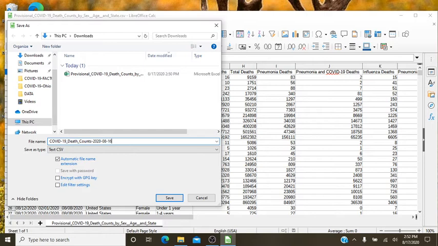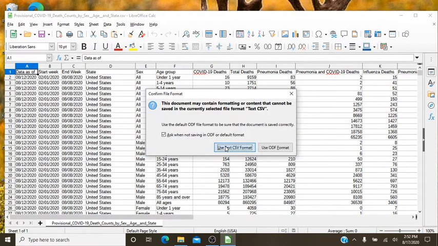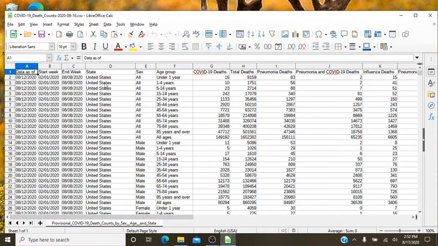This is the date the report was actually pulled down, and not the actual report dates. Let's take a look at how the date's set up. This is the date as of. So this is the date that this was actually created.